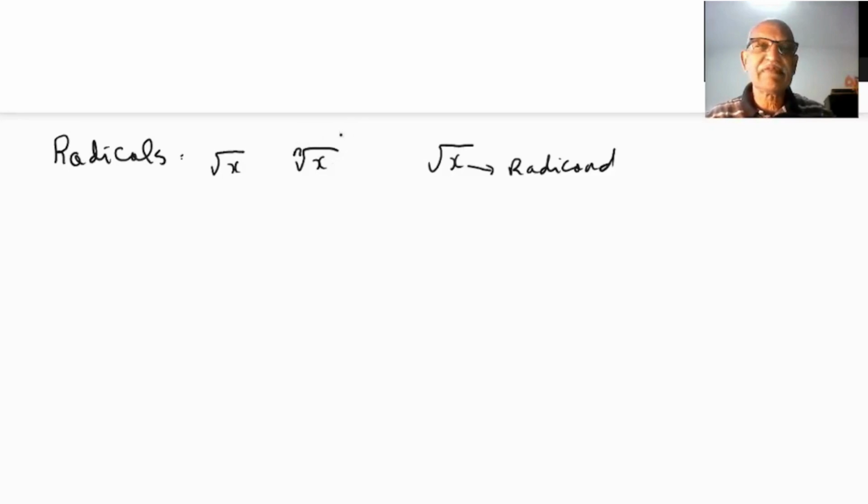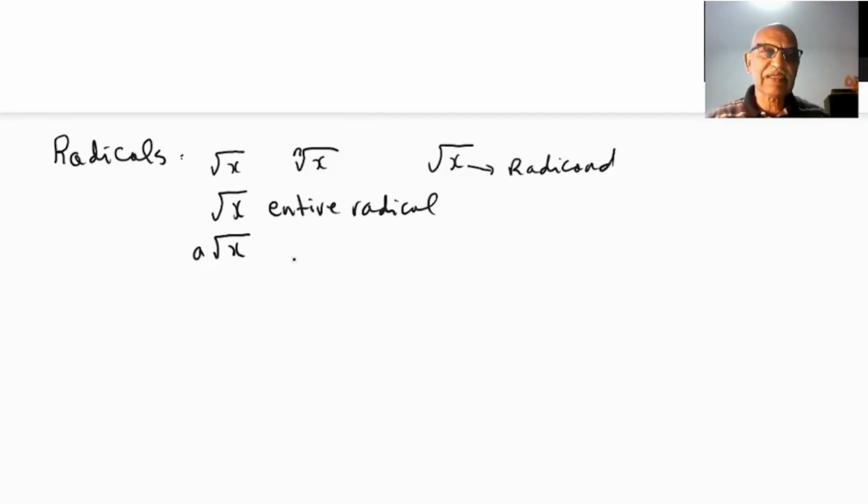If the whole thing is inside a radical, we say this is an entire radical. Or if I have a number outside, which is simplified, then this is called a mixed radical.